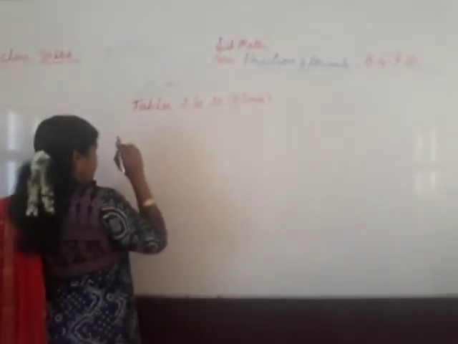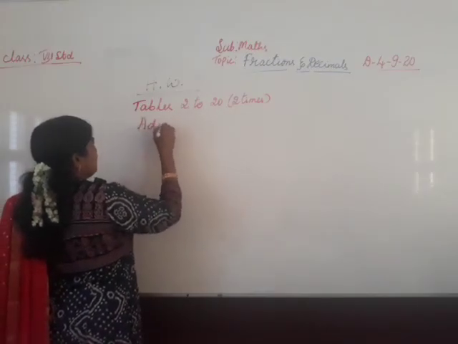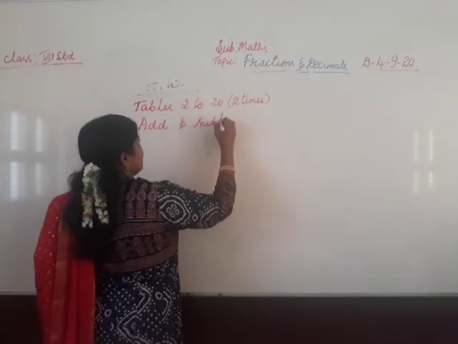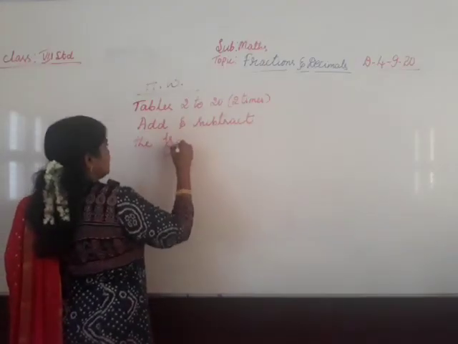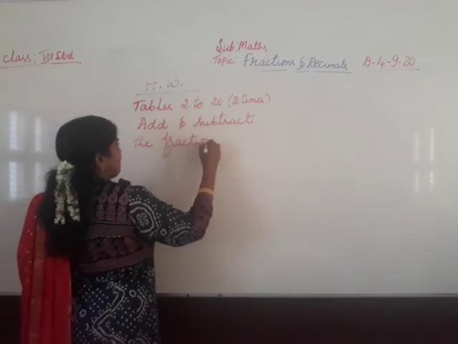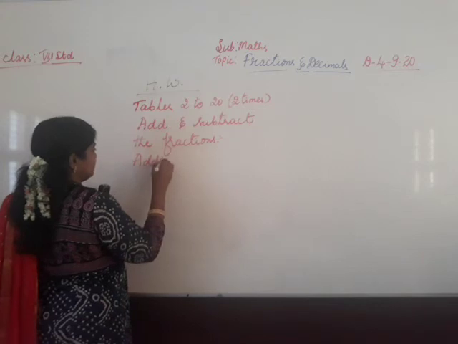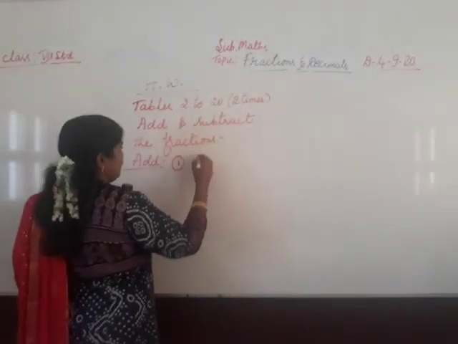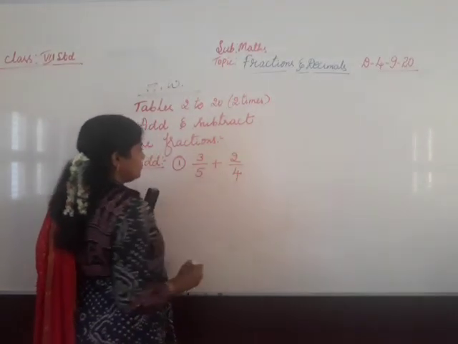Now, what you have to write: add and subtract the fractions. First, add. Now I'll give some problems. You have to do 3 by 5 plus 2 by 4.